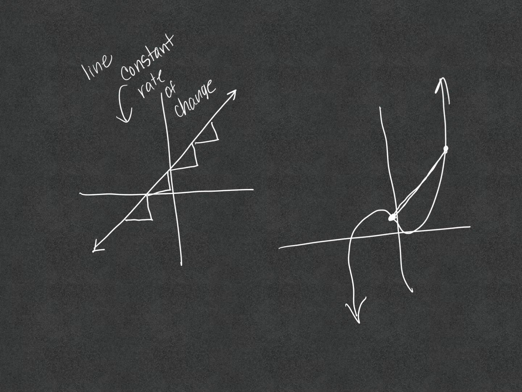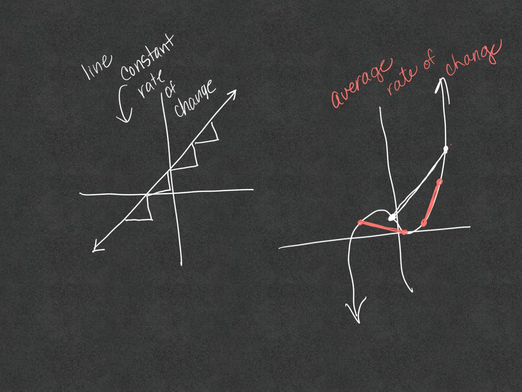If I pick two different points, I have a very different rate of change. It's going to be steeper. It could also be even negative, depending on which points I choose. So between this point and this point, on average, the function goes down. Between this point and this point, on average, the function goes up. So the average rate of change on a nonlinear function is not going to be constant.